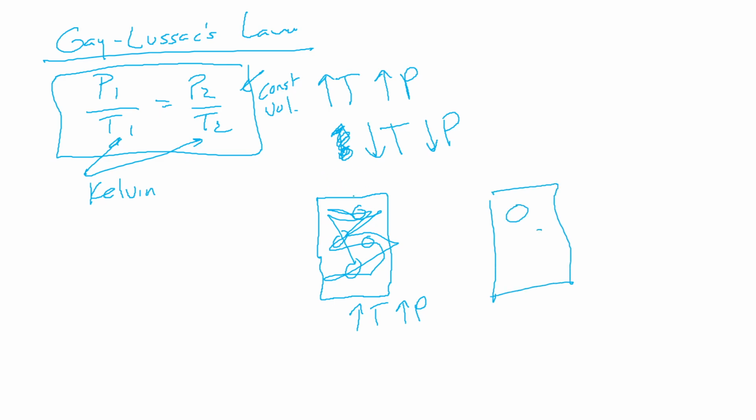We have our gas molecules in this rigid container. We lower the temperature, and they're going to be flying around, dramatically drawn here, a lot slower. Because they're moving a lot slower, we will have a lot fewer collisions and we'll start to see our pressure go down. So this is Gay-Lussac's law.